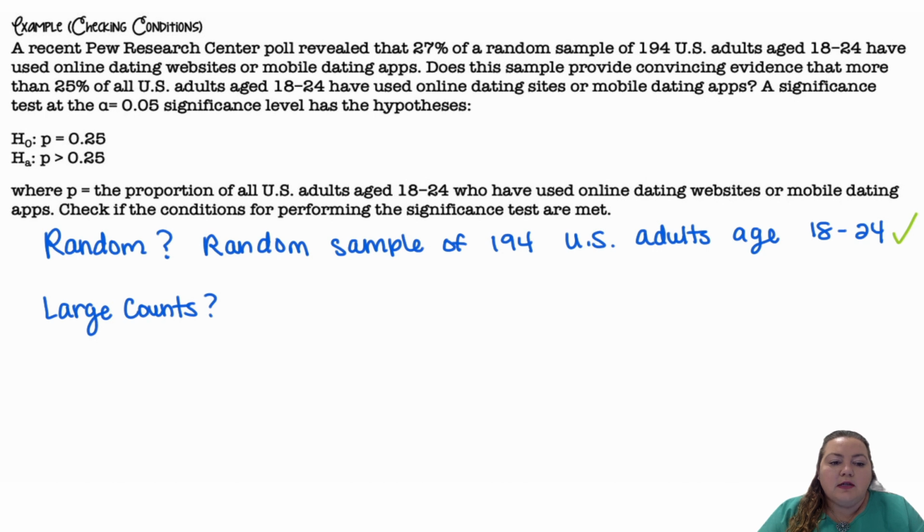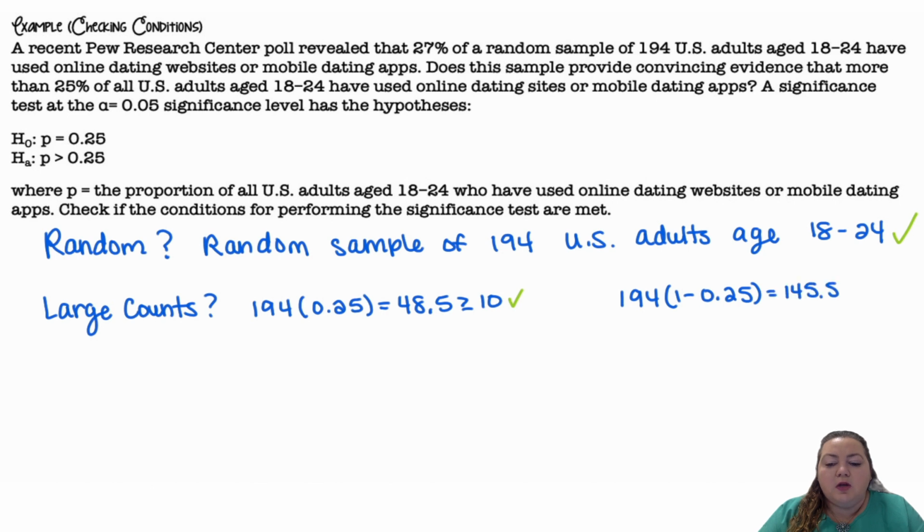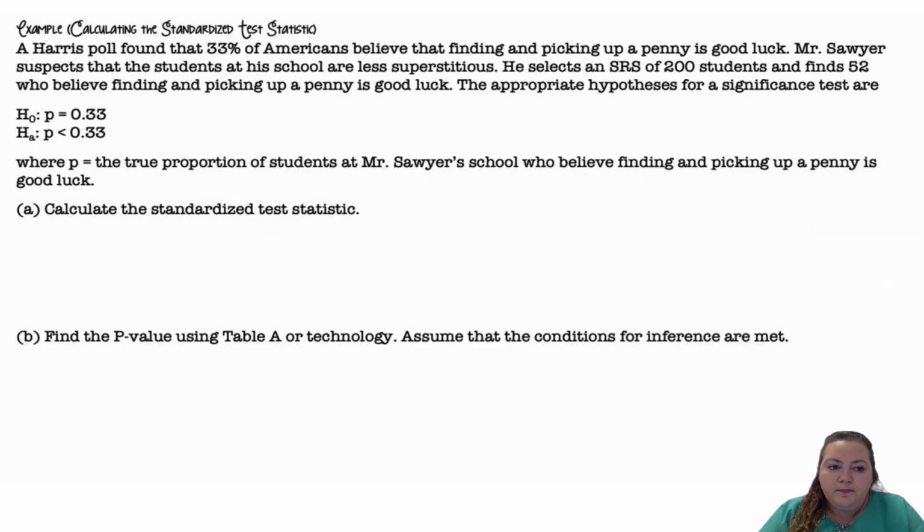Large counts. n is our sample size, 194, times p, the p that we're using in our null hypothesis, so 0.25. That gives us 48.5, which is greater than or equal to 10. So that one's met. Then I have to do n times 1 minus p. So n, 194, times 1 minus 0.25 gives me 145.5, which is also greater than 10. So the conditions are met.